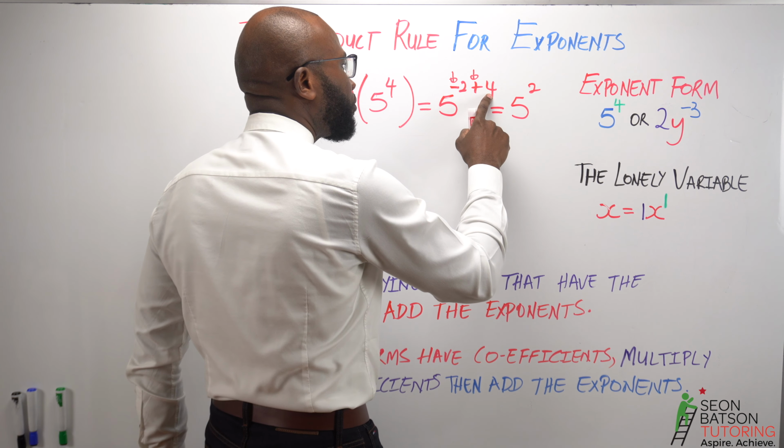And don't forget our last g here, g to the 1st power. Again, we are multiplying terms that have the same base. Therefore, we can add the exponents. The base stays the same. And 9 plus 1, we add the exponents. We get g to the 10th power.